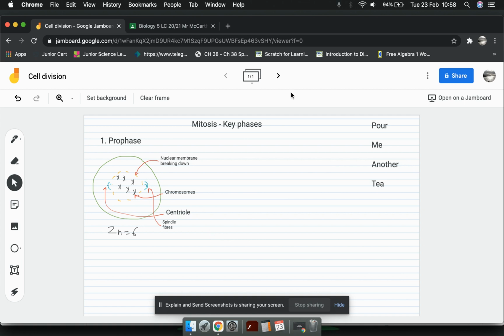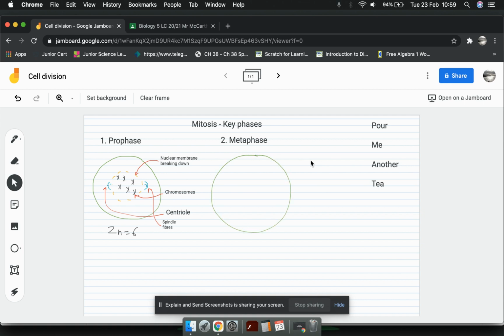The next thing we want to draw is M, standing for metaphase. So number 2, metaphase. In metaphase, the chromosomes in the nucleus are starting to line up. Again, I'm just going to draw the cell, and I'm going to draw the chromosomes.